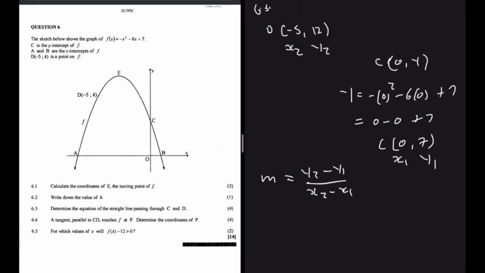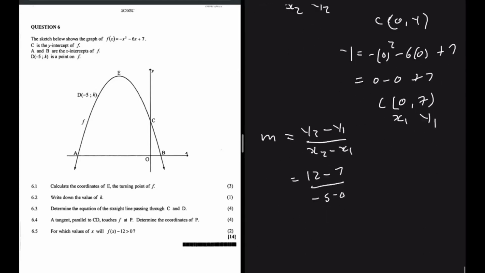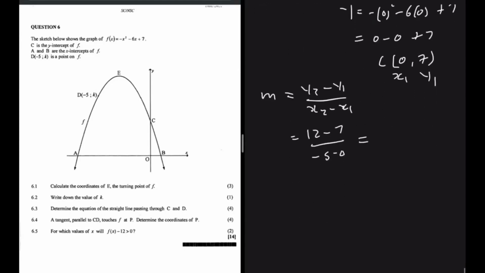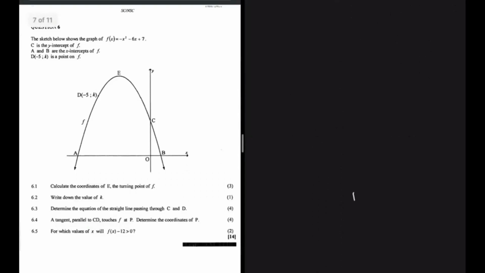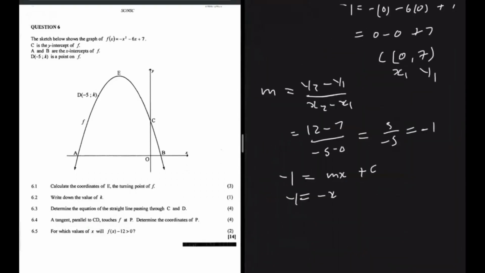So we're gonna have 12 minus 7 divided by minus 5 minus 0. So we have 5 divided by minus 5, which is equal to minus 1. So up to so far, we know that y equals mx plus c, but m is equal to minus 1, so we have minus x plus c.